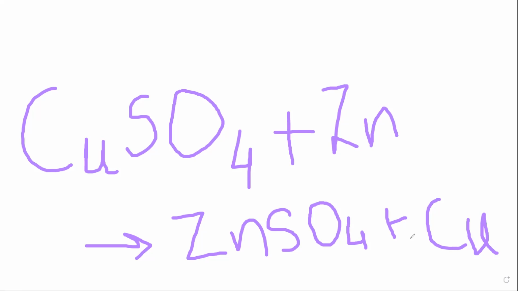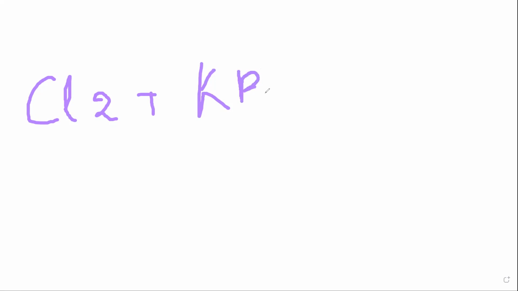Displacement reactions also occur when more reactive non-metals displace less reactive non-metals. For example, there is a reaction between chlorine and potassium bromide. The reaction goes like this. Chlorine gas is reacted with a solution of potassium bromide, KBr.